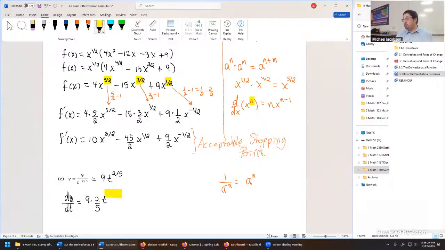And let's see what the exponent should turn into on this one. Let me think about that.